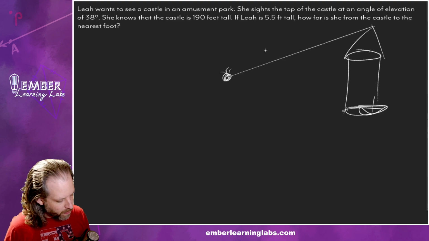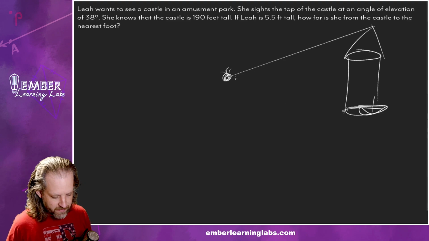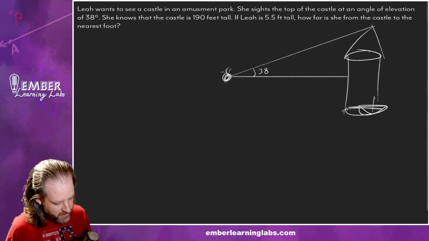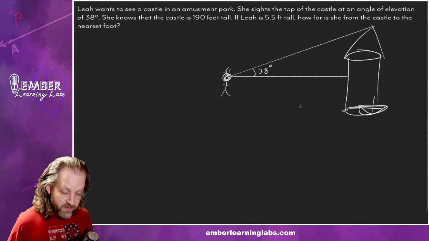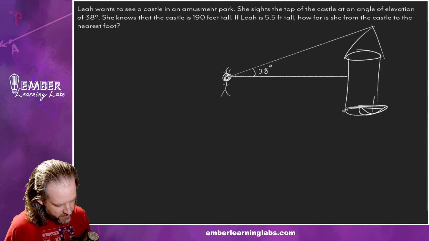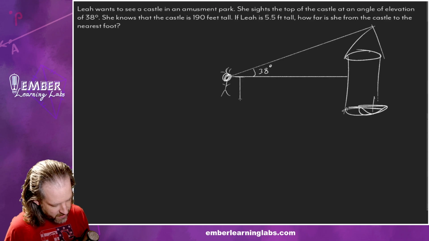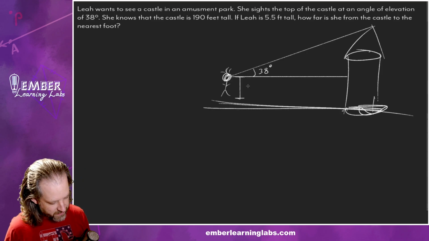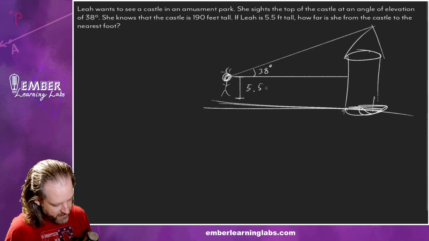She sights it at an angle of elevation of 38 degrees, so this right here is 38 degrees. If Leah is 5.5 feet tall, this distance right here is 5.5 feet.